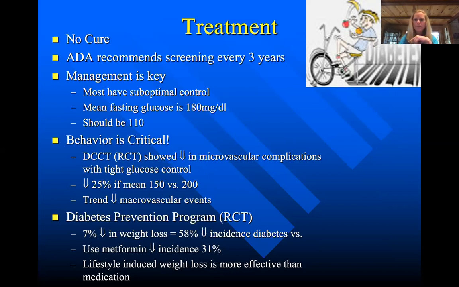And remember, the micro happens first. There was also a trend for decrease in the macrovascular. So what that means is people out there, the more that we can help them get tight control and keep that mean glucose level down lower, we know that prevents the morbidity, okay?